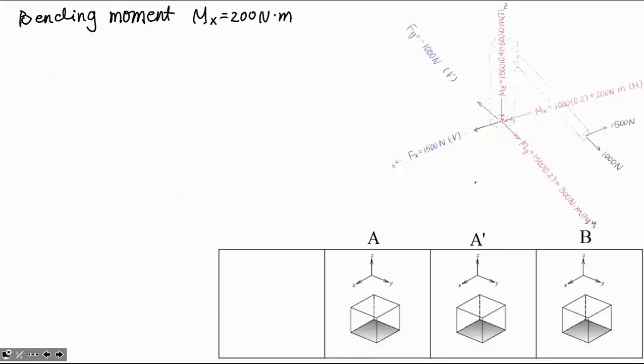For bending moment, it's actually going to create a normal stress. We are going to use My over I to calculate the normal stress, the flexural stress. Again, we still draw the whole cross-sectional area.